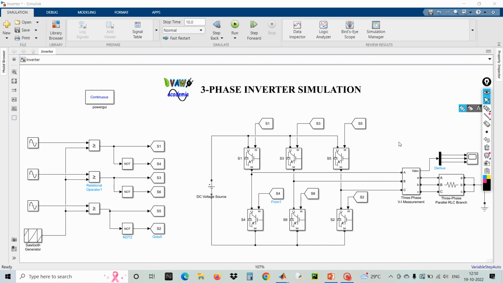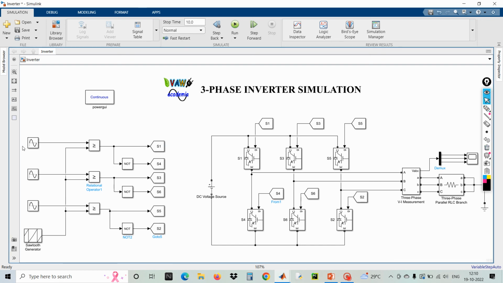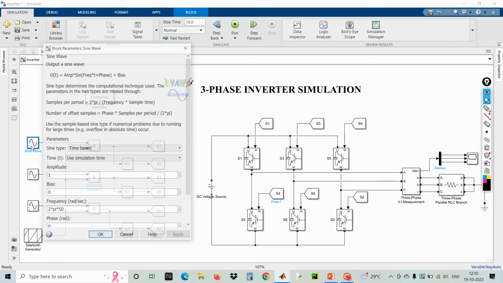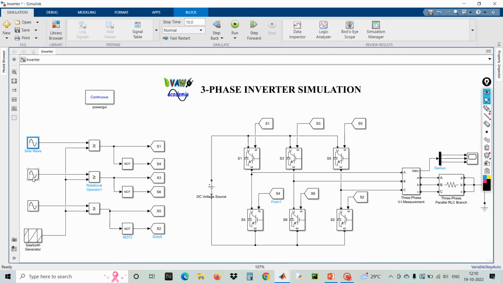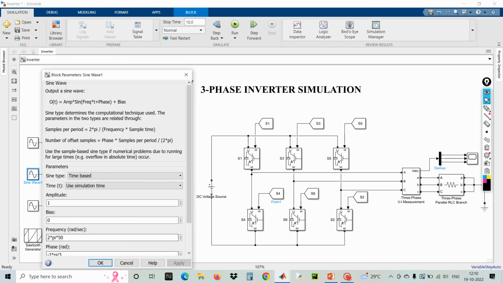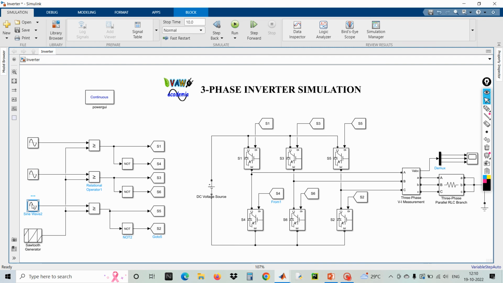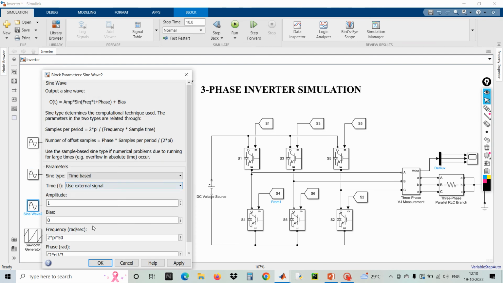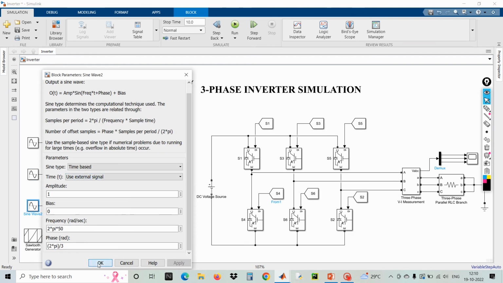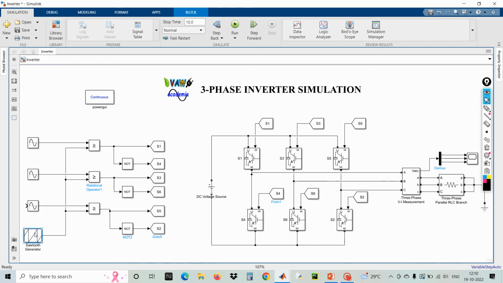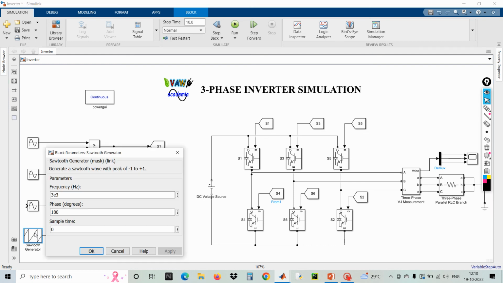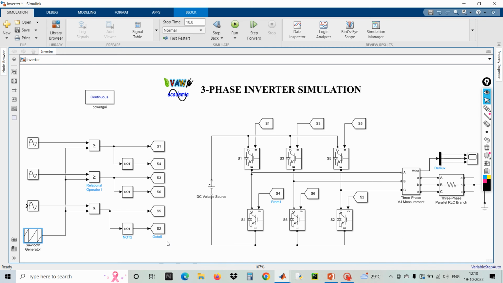Number of switches is 6. I already mentioned what the input to the sine wave is. And the carrier frequency is 3000 hertz. That is nothing but the frequency of the inverter.